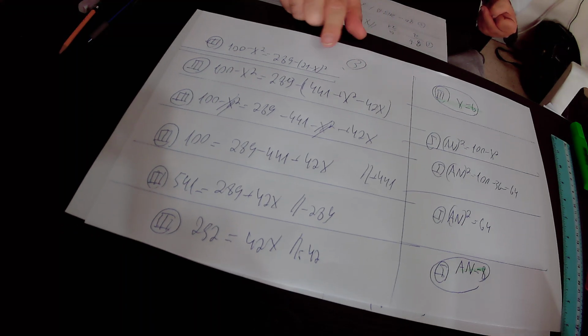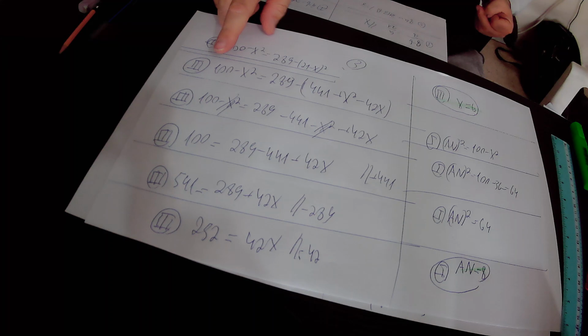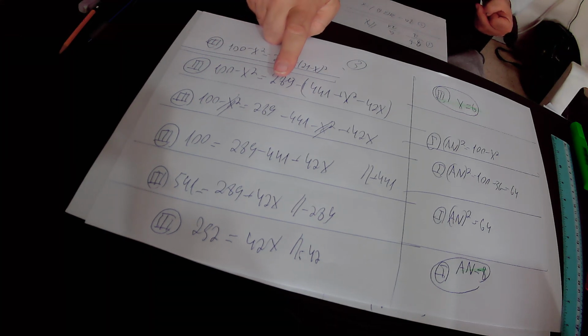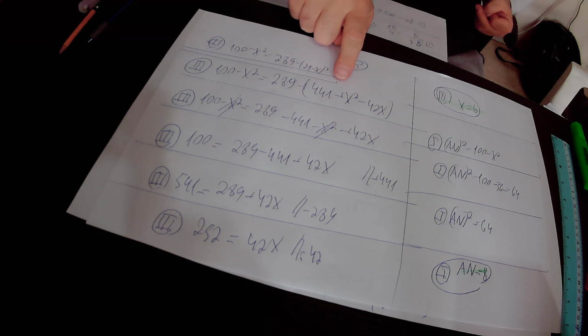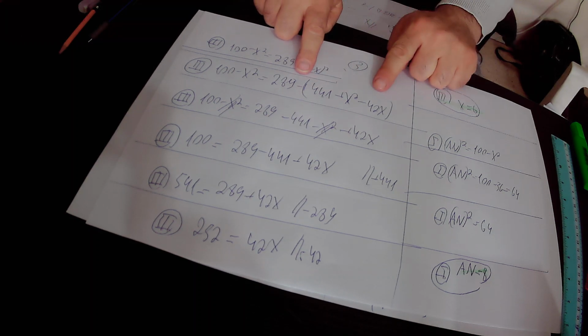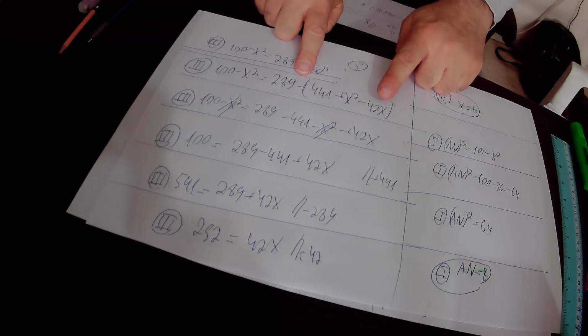So here we open the brackets of this expression. We have a minus before this expression, and found that 100 minus x squared equals 289, and after we open the brackets, the expression will be equal to minus 441 minus x squared, and minus times minus is plus, so it is plus 42x.